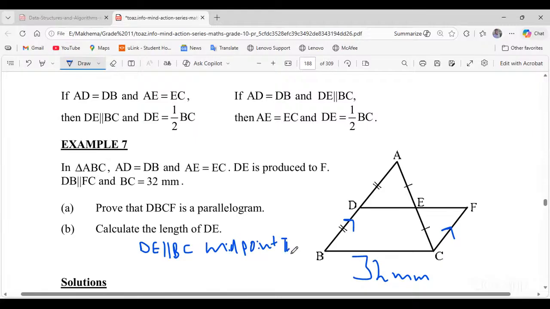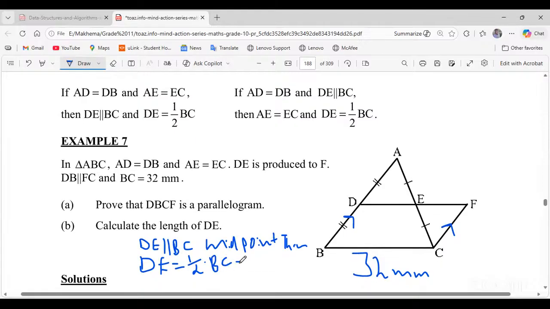Midpoint theorem. And since this is the midpoint theorem, this is half of this. Then I will have DE is equal to half of BC. Yes, and then what is BC?